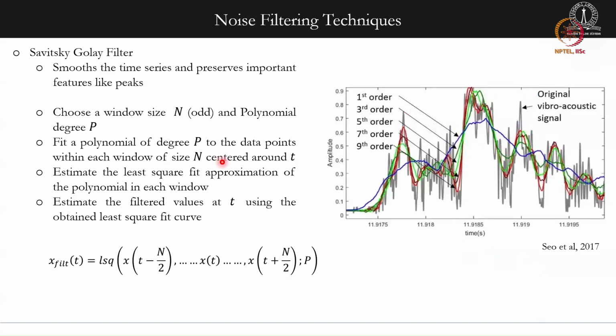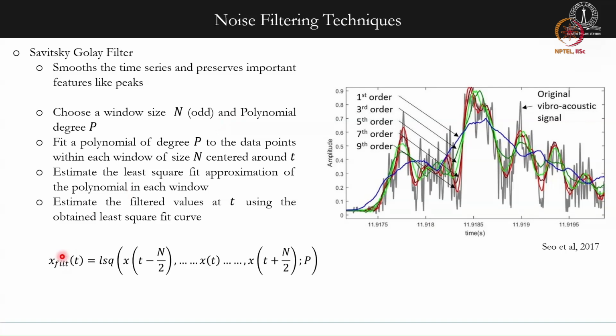So here, along with the parameter n, which says the number of points enclosed in a moving window, we also need to specify another parameter, which is the degree of the polynomial. What it does is fit a polynomial of degree p over the points that are inside that n-point window using the least square fit approximation. And once it has that polynomial approximation, it uses it to estimate the filtered data at that point.